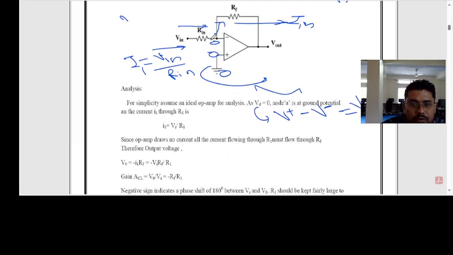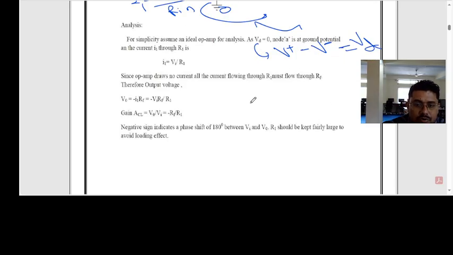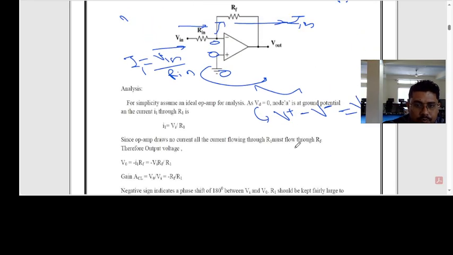Using KVL, how do we write the output voltage? Using this diagram, from here to here, 0 minus V output equals RF into I in. This is V output, because the current flows in this loop.